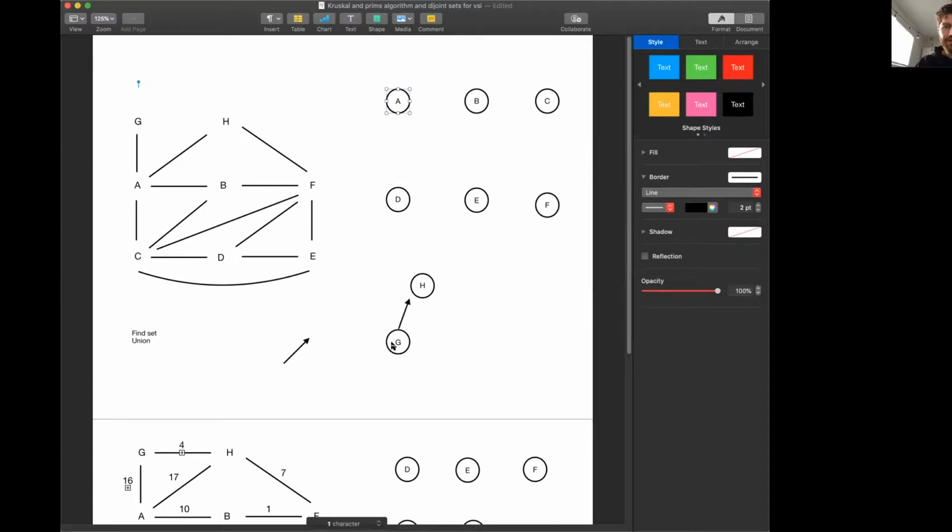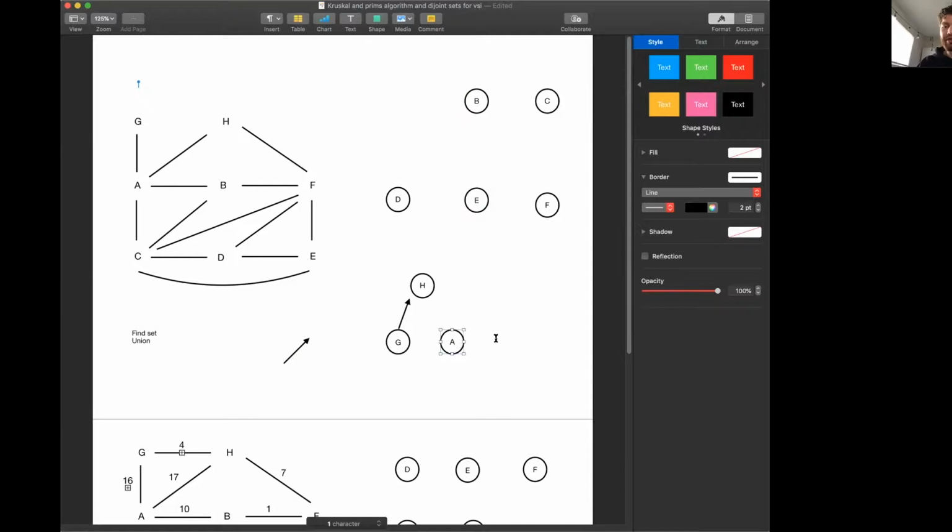Now, since G and A are in different disjoint sets, I'm going to join them together. But here I have a different situation where the set that G and H are in is bigger than the set that A is in. So I'm going to have A join H, just because where G exists is bigger than the disjoint set of A. And that's a heuristic that we call join by weight.